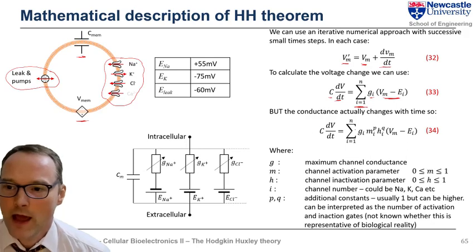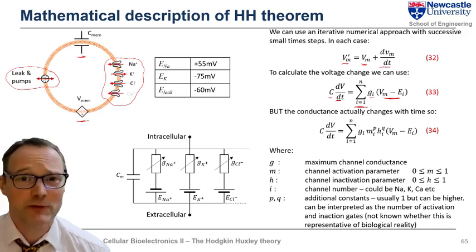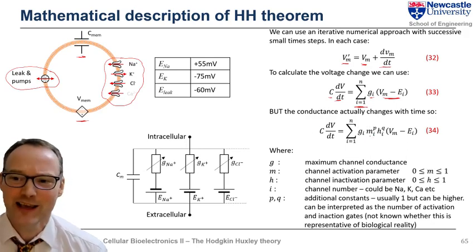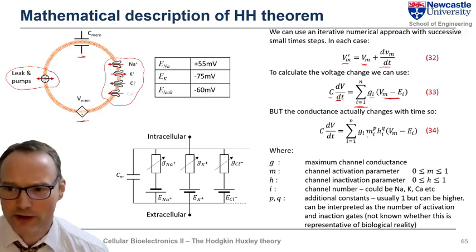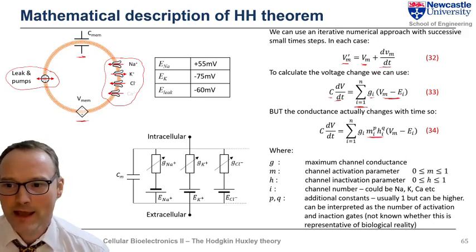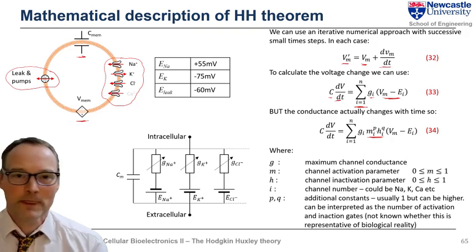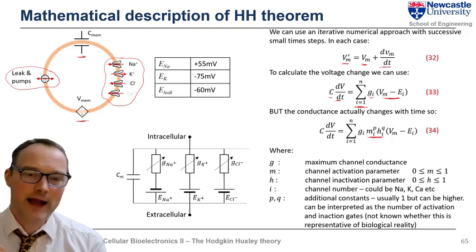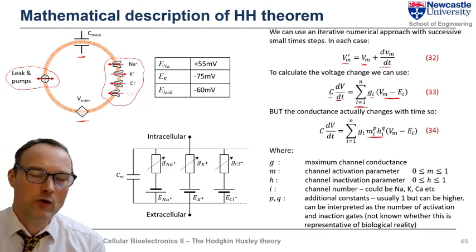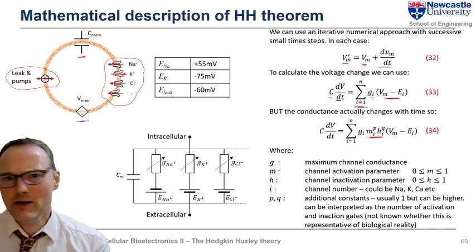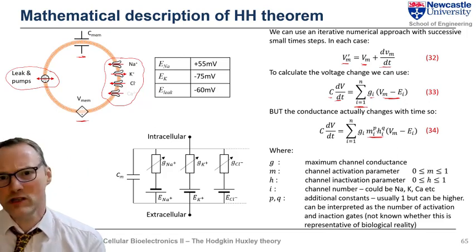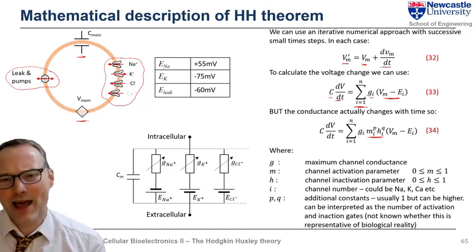And then, unfortunately, we have to expand this out to something that looks a little bit more horrible, but it really isn't. This m to the p and h to the q just relate to the fact that these sodium, potassium, chloride channels, etc., are not always either open or closed. They're kind of opening and closing.